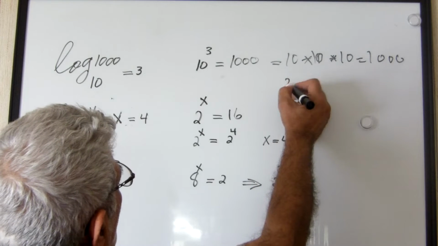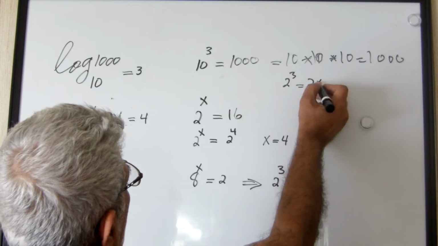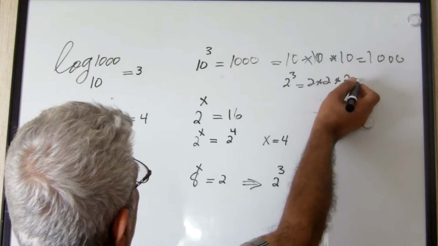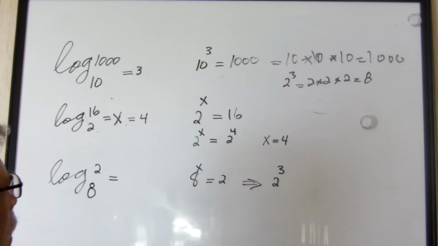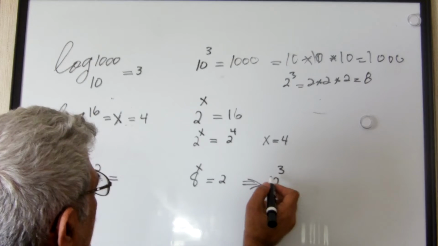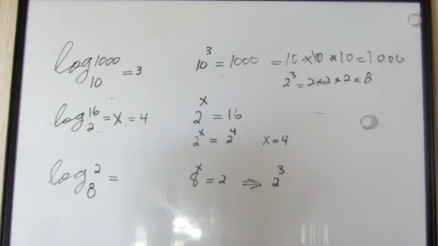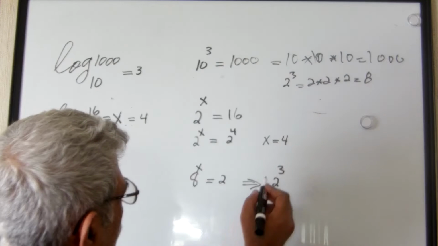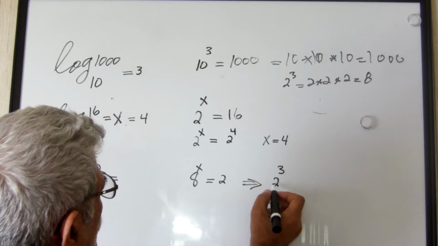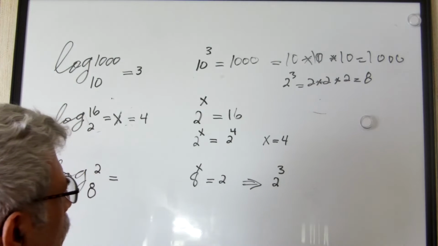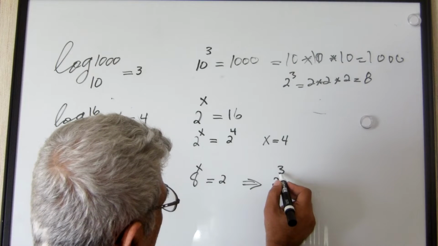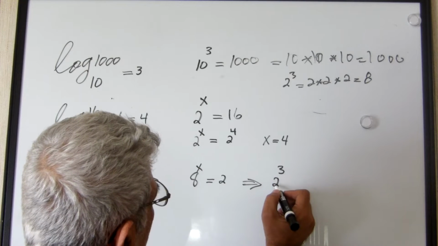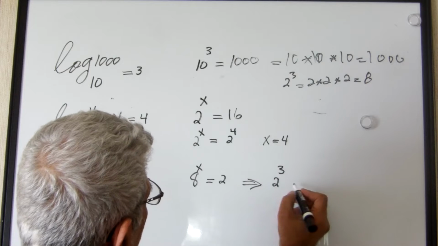See, 2 times 2 is 4, and 4 times 2 is 8. So 2 to the power of 3, we can break it down. The exponent shows how many times the base is multiplied by itself.